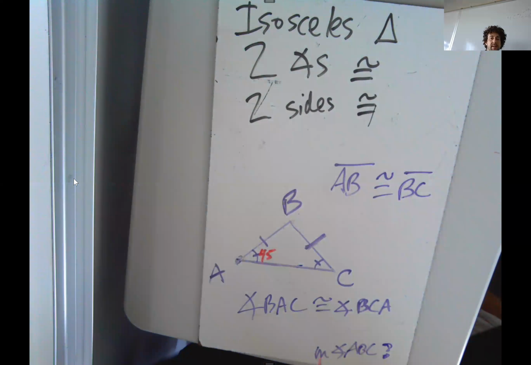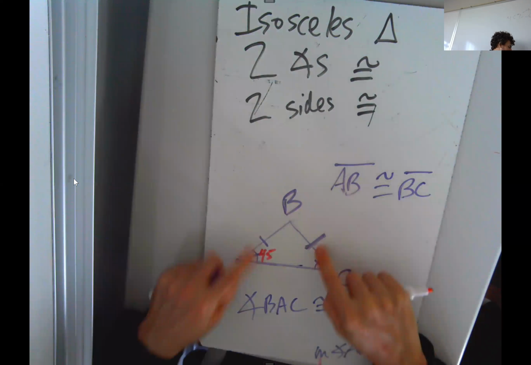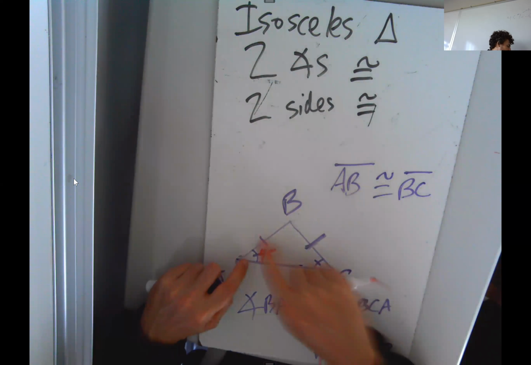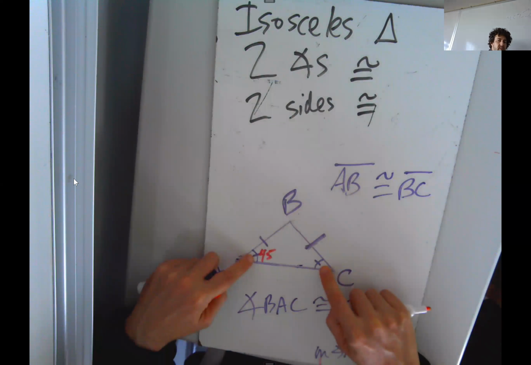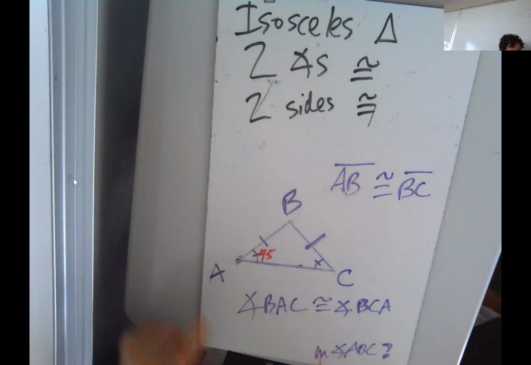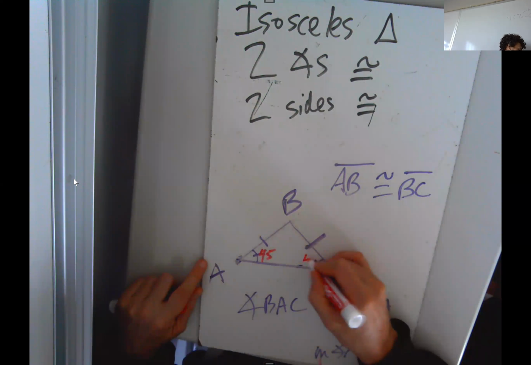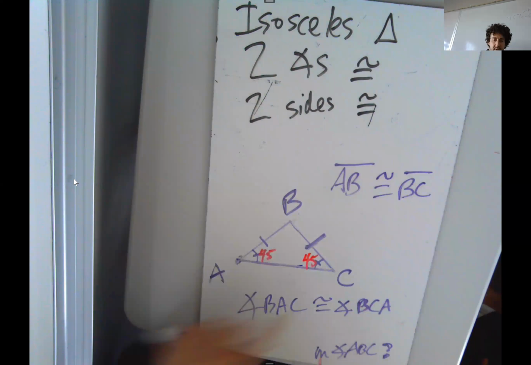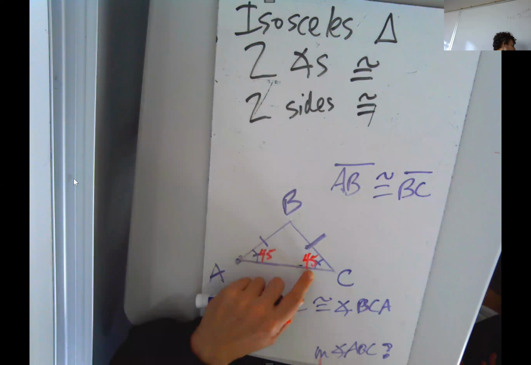Okay, well, they told you two things. One thing they told you is that AB is congruent to BC. So you can go across and mark the angles that are opposite them congruent. Then if you know that this angle is 45, then you can copy this because they're the same degree measure. They're congruent. So you know this angle is also 45 degrees.